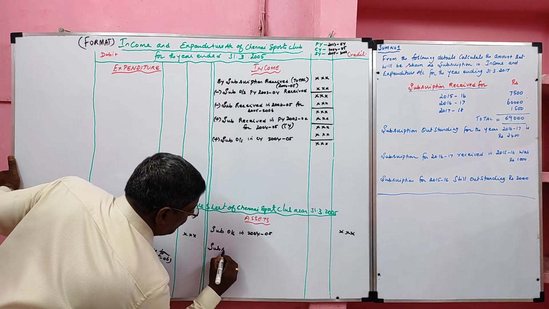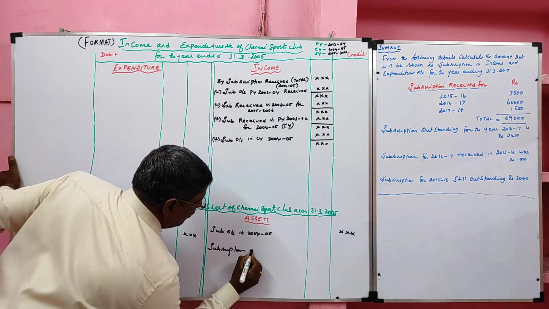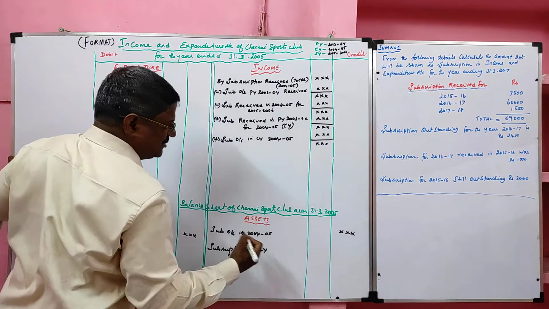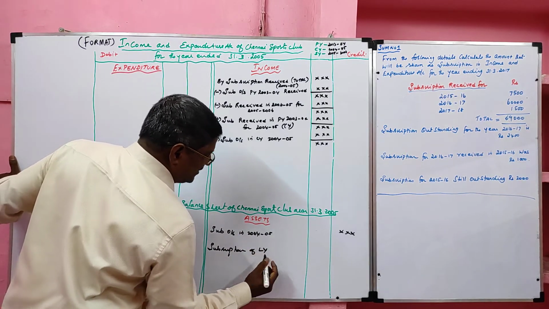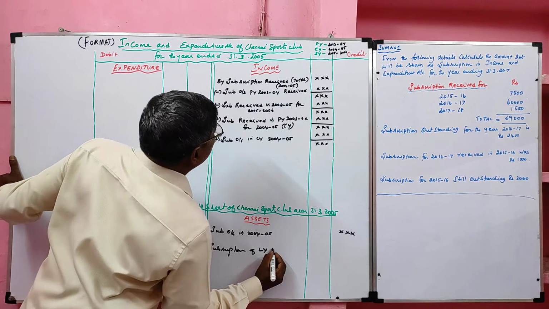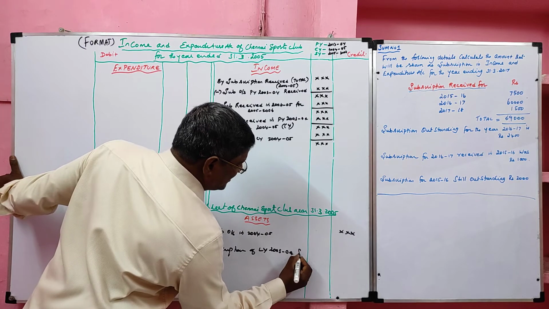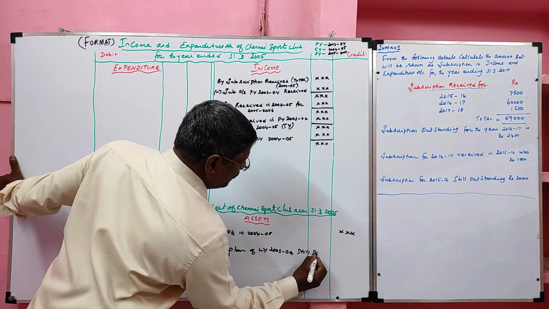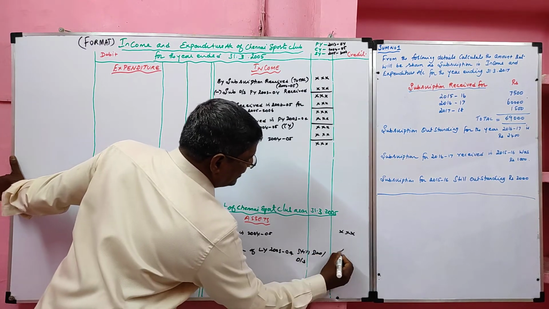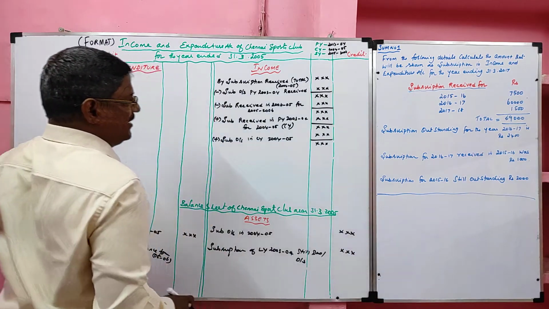Subscription of last year, previous year 2003-2004, still due or outstanding, will appear in the asset side of the balance sheet directly.